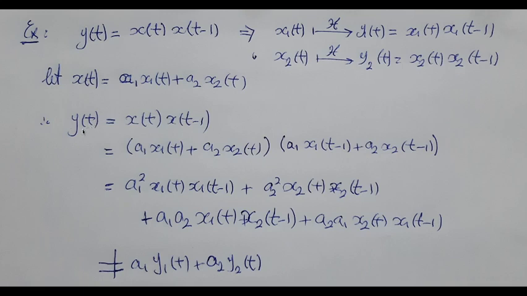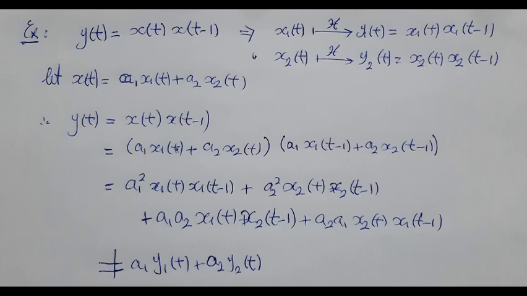But if y of t is not equal to a1 y1 plus a2 y2, then the system is not linear. So let's see. y of t equals x of t times x of t minus 1, but x of t is a1 x1 plus a2 x2, and x of t minus 1 is a1 x1 of t minus 1 plus a2 x2 of t minus 1. These two are multiplied together.